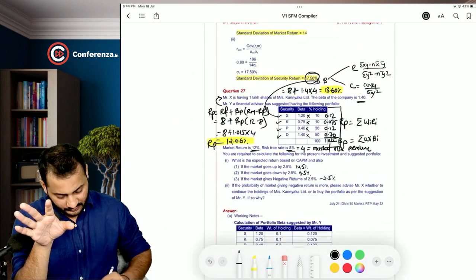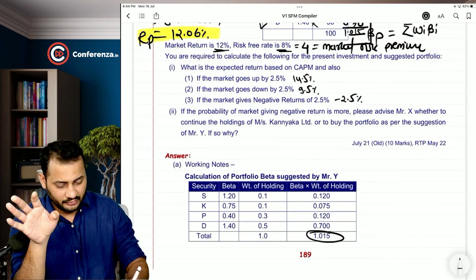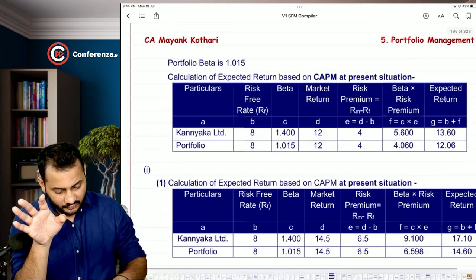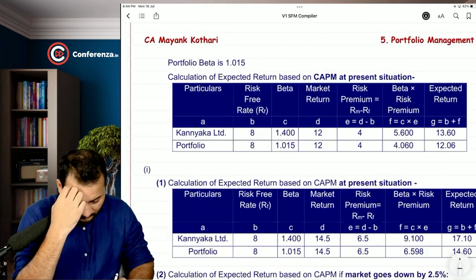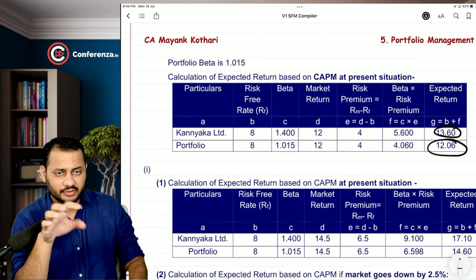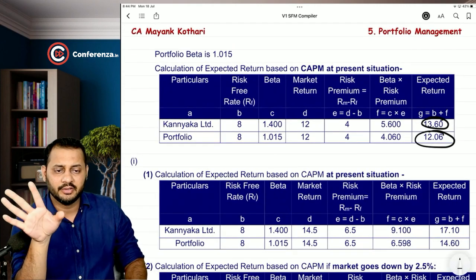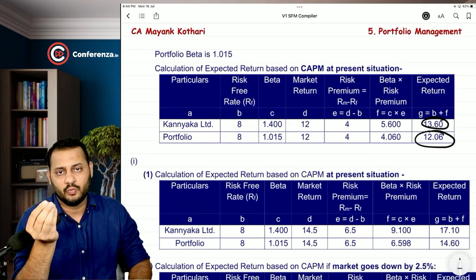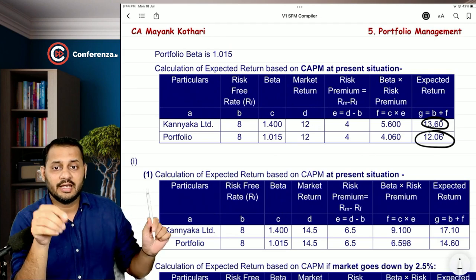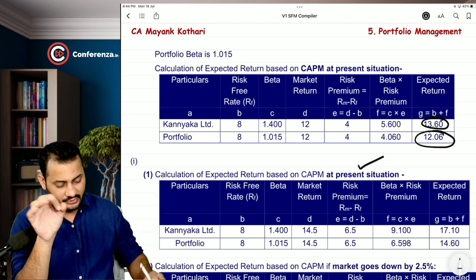Put these values and then you can calculate it easily. See, let's first calculate the portfolio beta, which comes to 1.015. Okay, then we calculated 13.60 and 12.06. Okay, this much of the calculation was completed by us. Now, calculation of expected return based on CAPM at present situation.